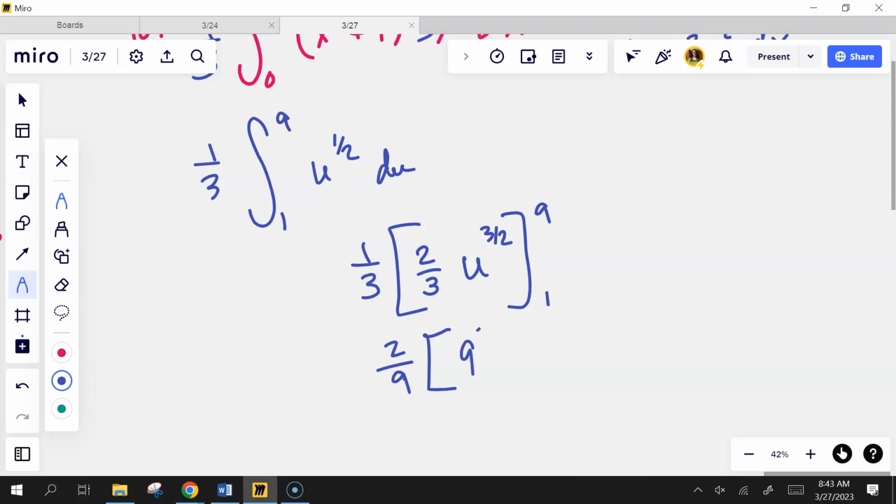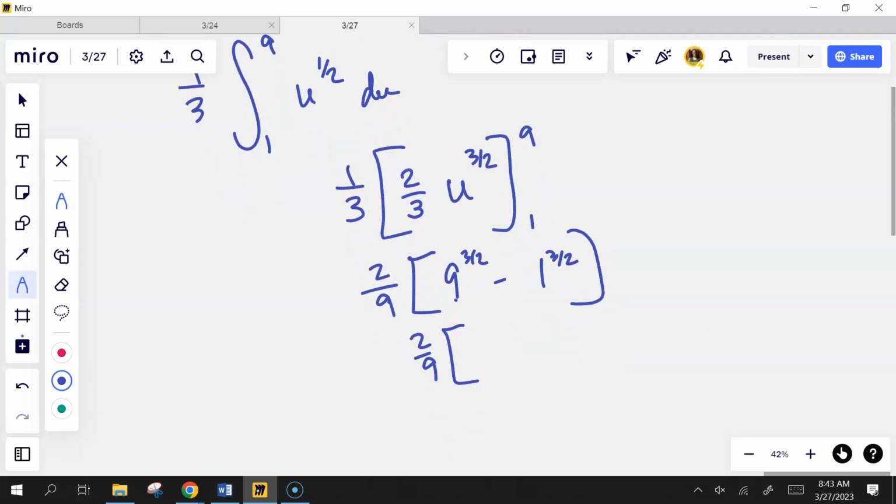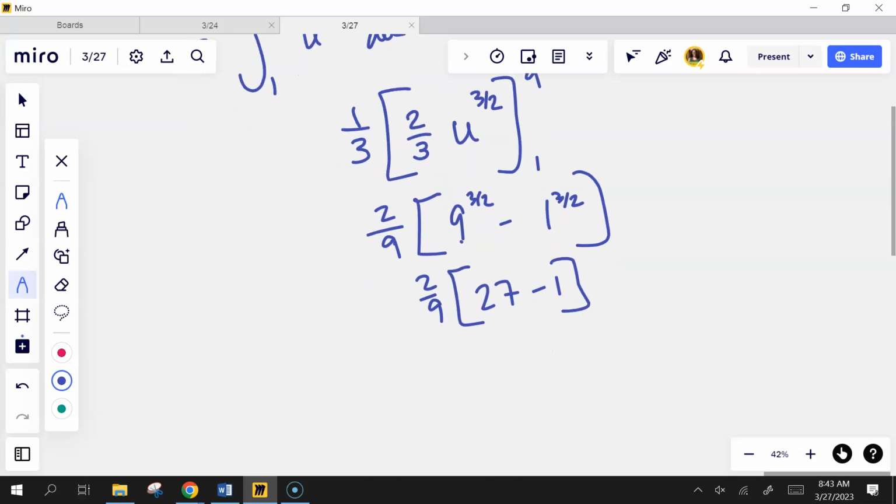Then I did 9 to the 3/2 minus 1 to the 3/2. Square root of 9 is 3, and 3 cubed is 27, minus 1 is 26, times 2 is 52. And that happens to be A.